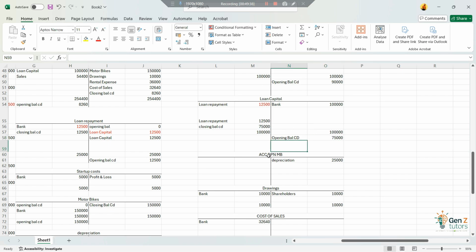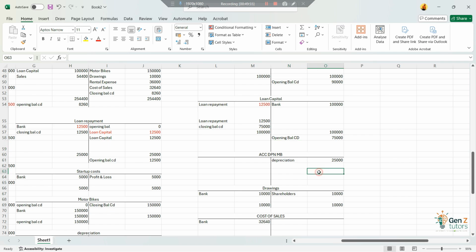Then at the accumulated depreciation, also again, it was 25,000 for the year. Accumulated depreciation, you have to remember, it's an asset, a negative asset. Even though I forgot to include the opening balance over there, it's fine.